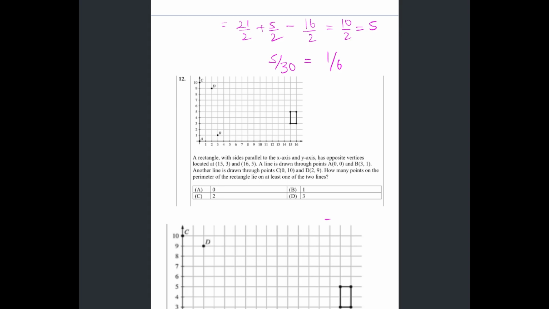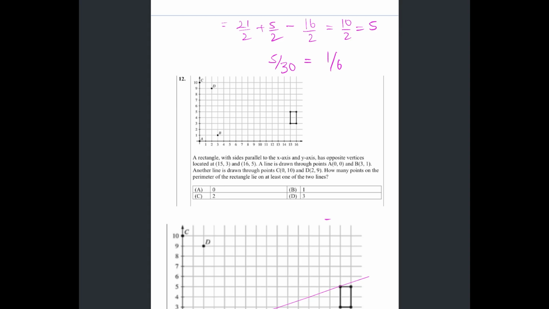If we extend this line here, we can keep extending it that way. Right, and it touches this corner of the rectangle, like this.